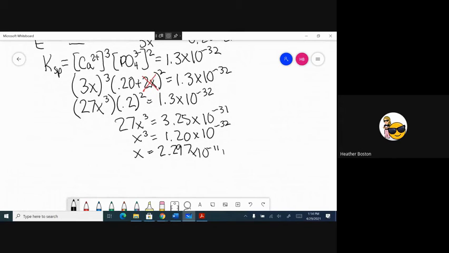This is how many moles of calcium phosphate will dissolve in 1 liter of solution that already has phosphate ions dissolved in it.